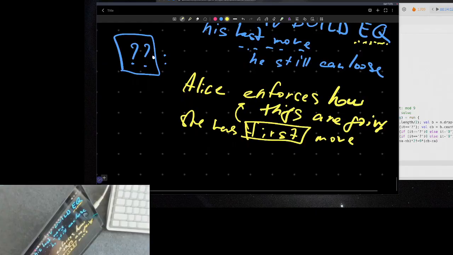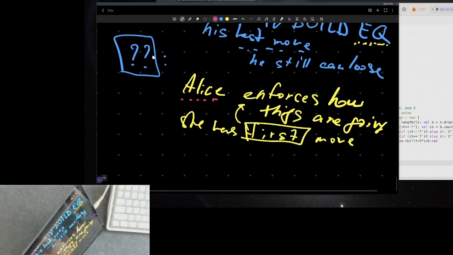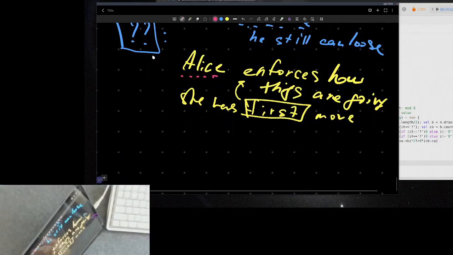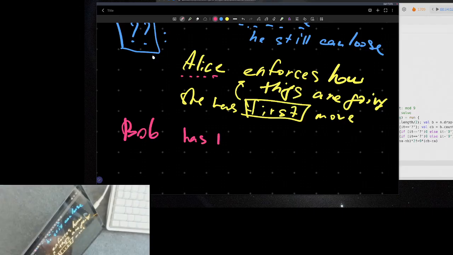So any strategy that Bob would be considering still depends on Alice's first move. So what kind of strategy can Bob apply that breaks the enforcement of Alice? Basically, Bob has to give up his intellect.